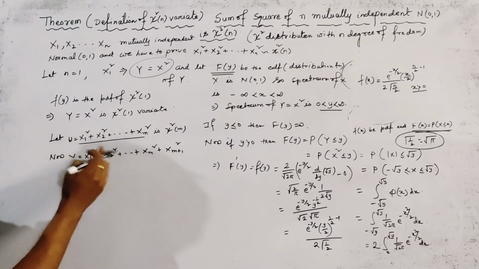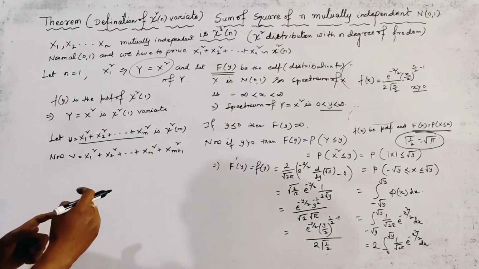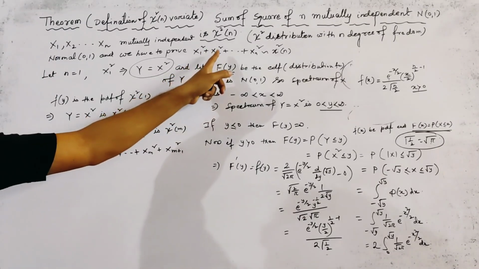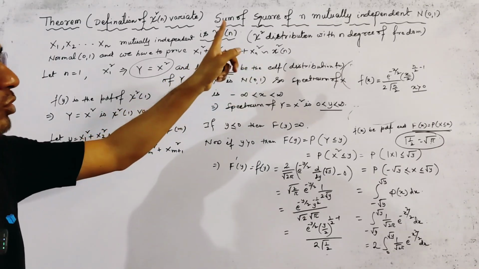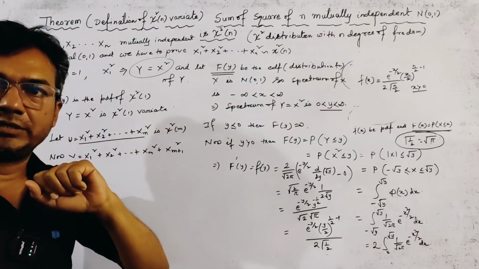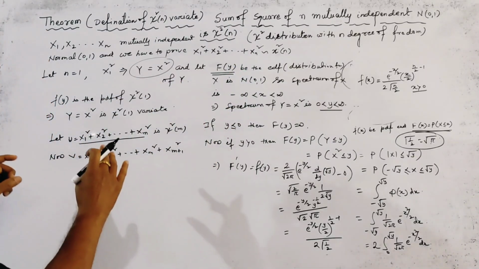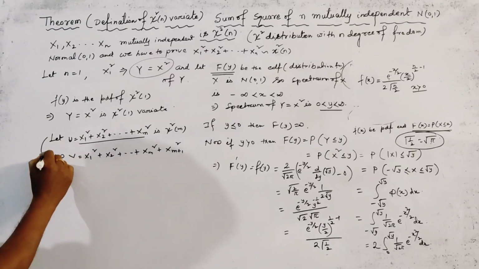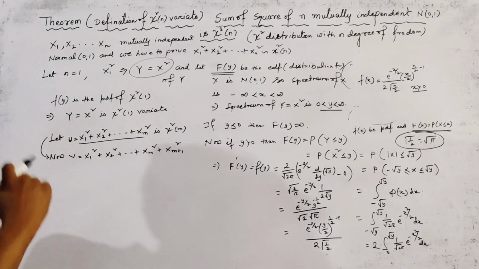Okay, and in this case we say that by using this principle, x1 square plus x2 square up to xn square is also a Chi-Square n variate. Okay, now we start to prove this step of the principle of induction.